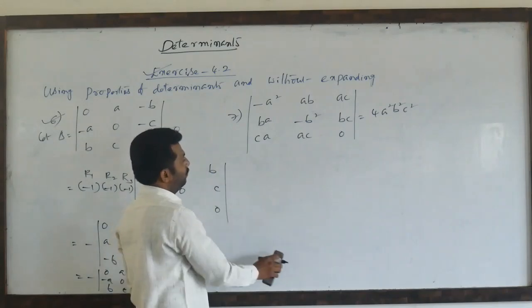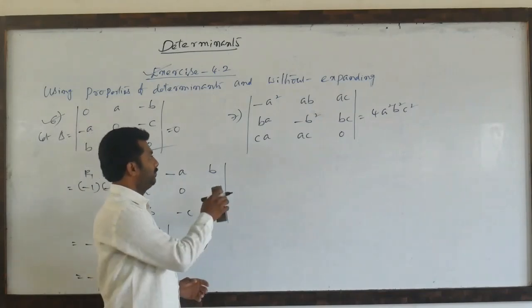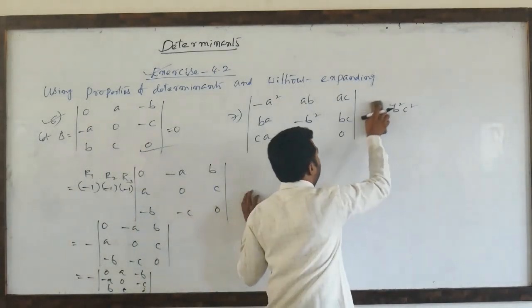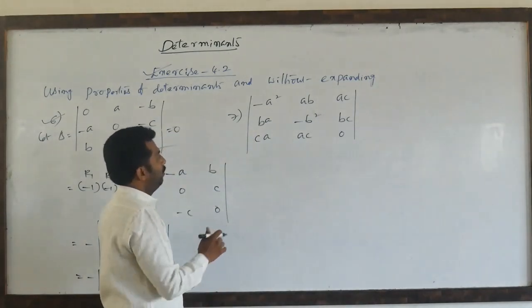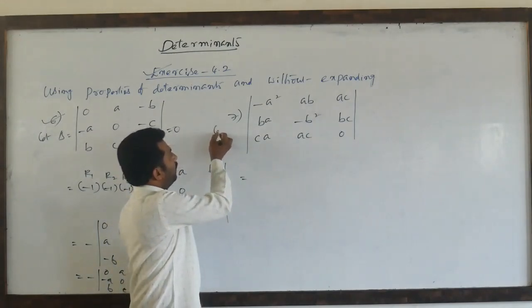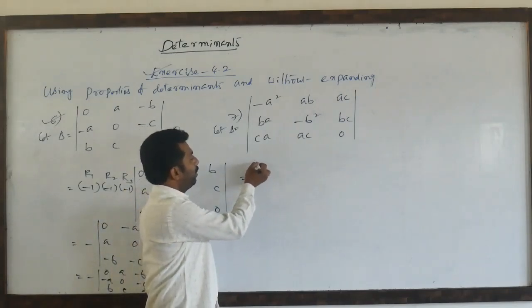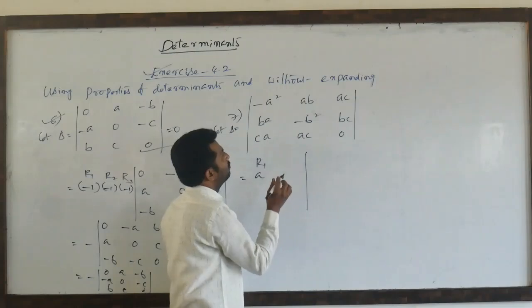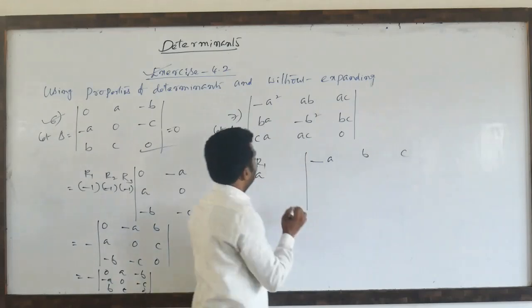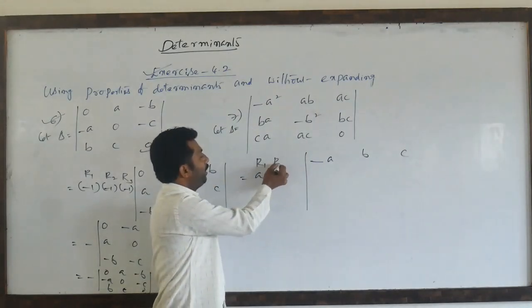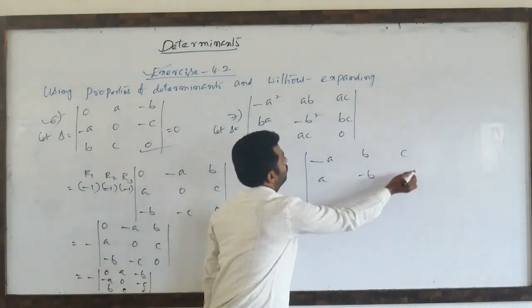This question you answer. Prove that this determinant equals 4a square b square c square. Now you answer. From the first row, this is just delta I am taking. From the first row, if I take a common, the remaining elements are 1, minus a, b, c. From the second row, if I take b common, the remaining are a, minus b, c.